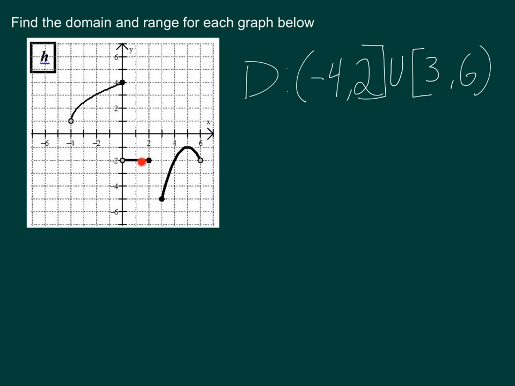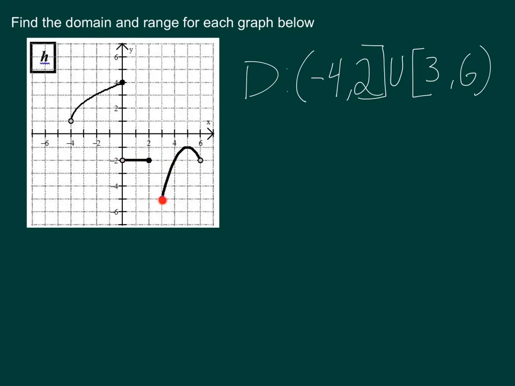But you can see right here the rest of this little linear part and this closed dot right here at 4, -2, that since that allows the function to have a y value of -2, the graph or the function is allowed to have y values equal to -2.